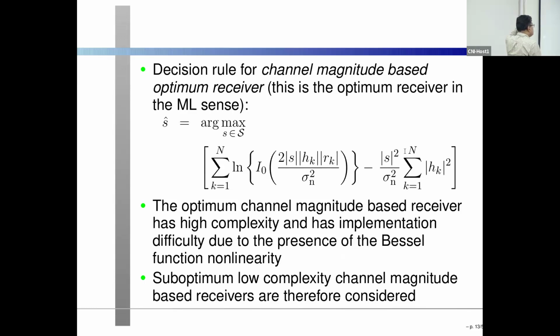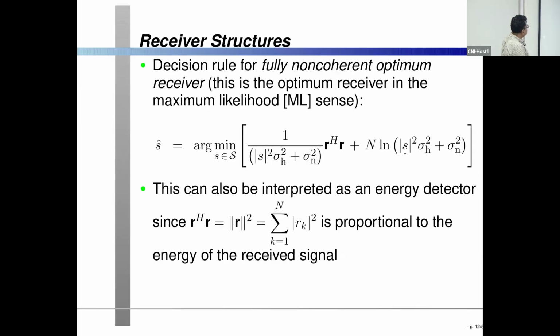Then the next one is the channel magnitude based optimum receiver. Yes. Yes. What closed form solution for? I have the closed form solution for the error probability. Yes, I'll show it later. No, S hat, you basically calculate the error probability, na?